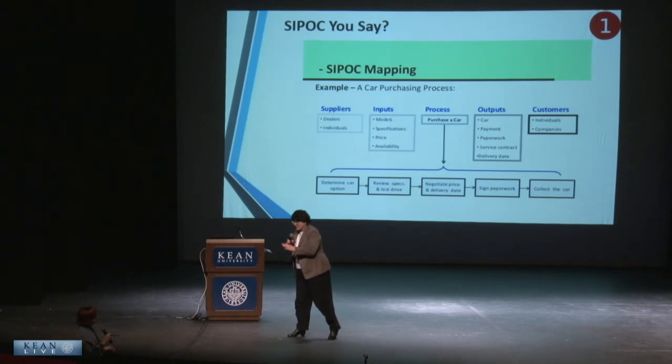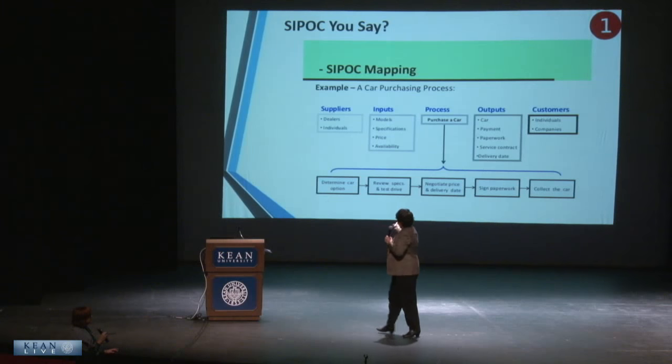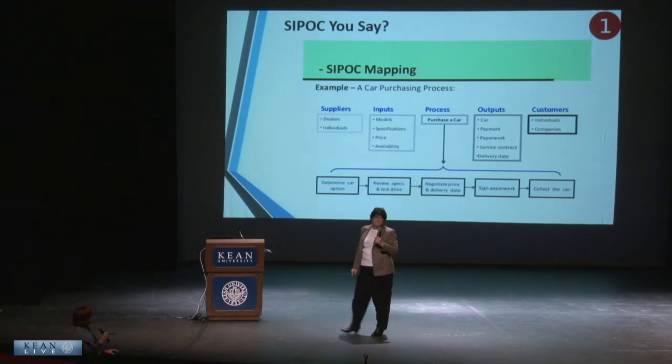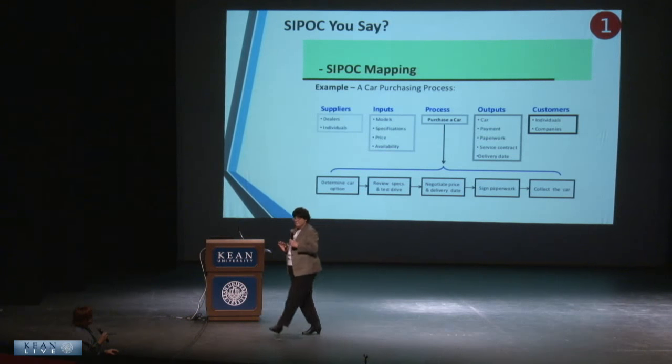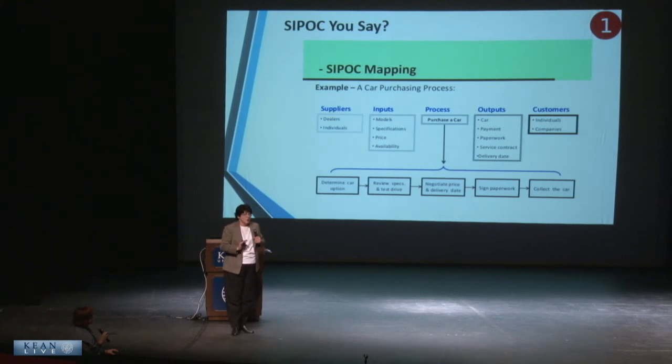And then you have the process itself. Most folks go directly here to process. They forget to include the suppliers in the process. They forget to include the inputs in the process. So if you're forgetting those first 2 steps, what's going to happen to your process? It's going to be incomplete.